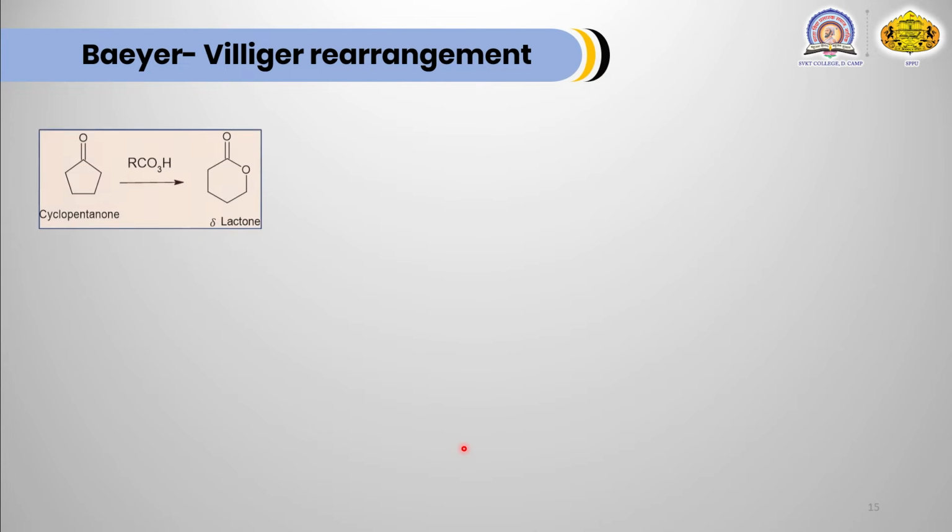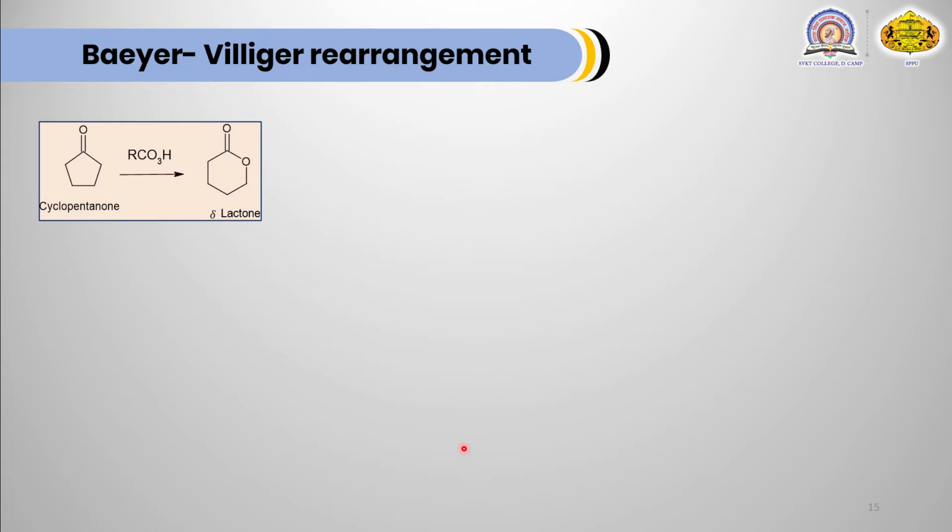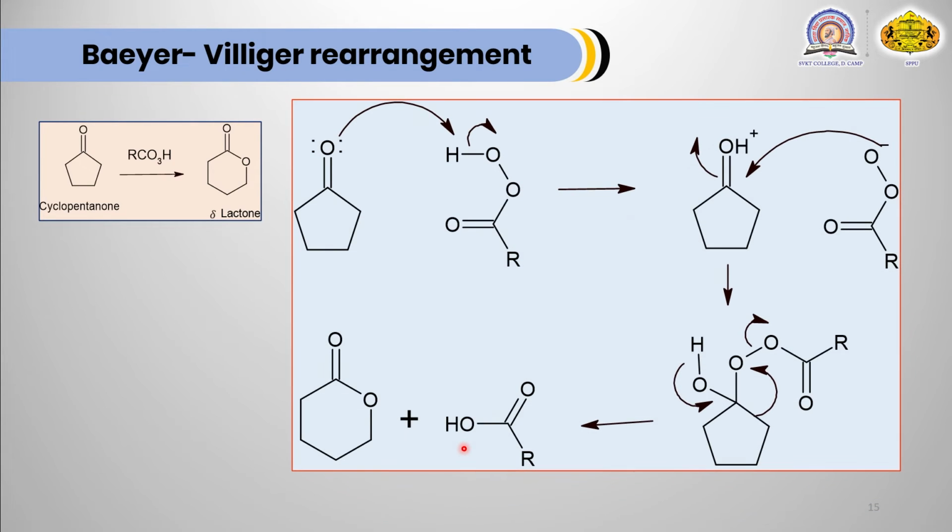Let's see another example of Baeyer-Villiger oxidation or Baeyer-Villiger rearrangement. In this case, cyclopentanone is converted to delta lactone, meaning there is an increase in ring size. The mechanism is like this: the oxygen atom gets protonated with H plus from that peracid.